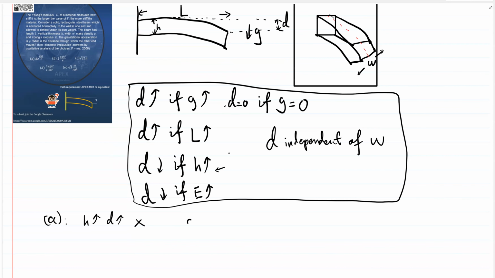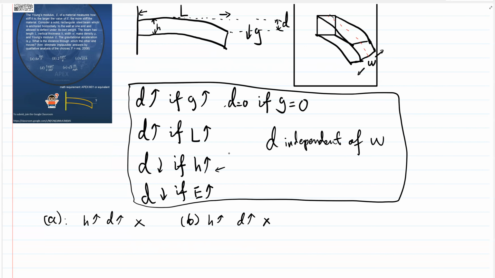Okay, and let's look at the B. Well, the issue with B is that, again, as H increases, the deflection also increases, because the denominator is H squared. So that's incorrect.